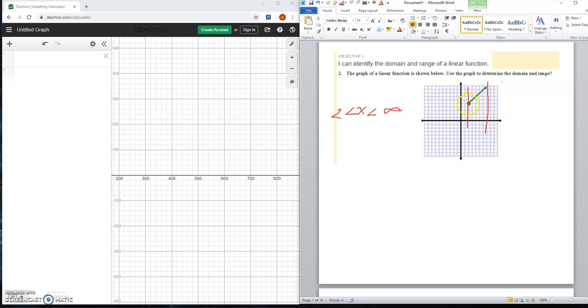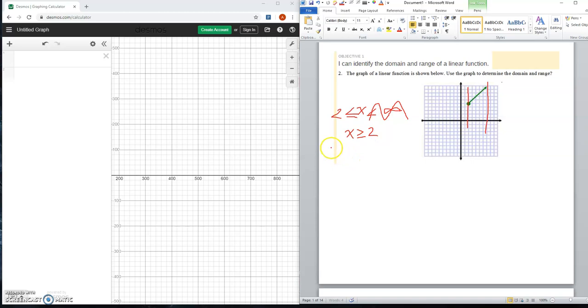This is a solid circle, so you're going to put an equal sign at the bottom. That's your domain. However, usually we don't put this anymore, so I'll cross that out. And this is read as x is greater than or equal to 2.